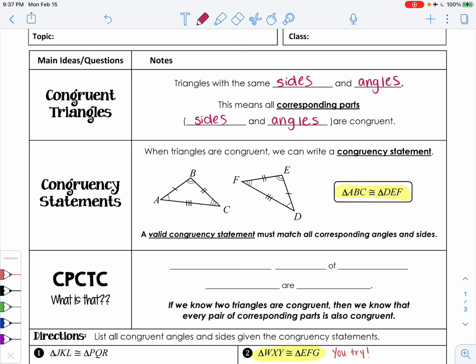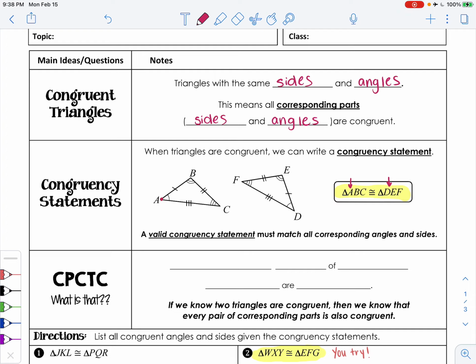Now what this congruency statement does is it lists the corresponding points in order, so we know which pieces in each triangle are corresponding. For example, in triangle ABC, the first letter is A. In triangle DEF, the first letter is D. What that tells us is that A and D are corresponding.